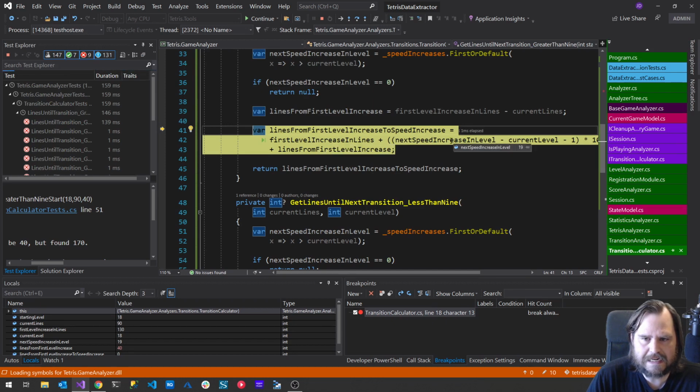Your next speed increase is 19 minus your current level, which is 18, minus 1, which is 0.